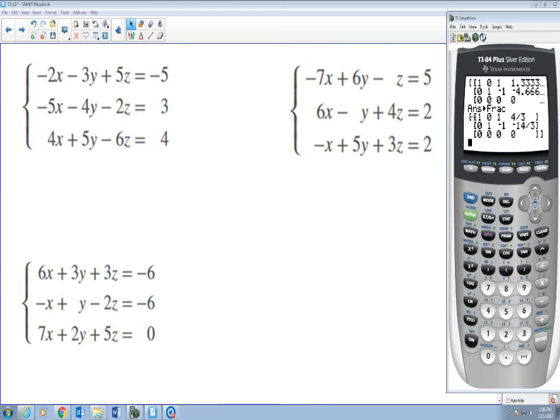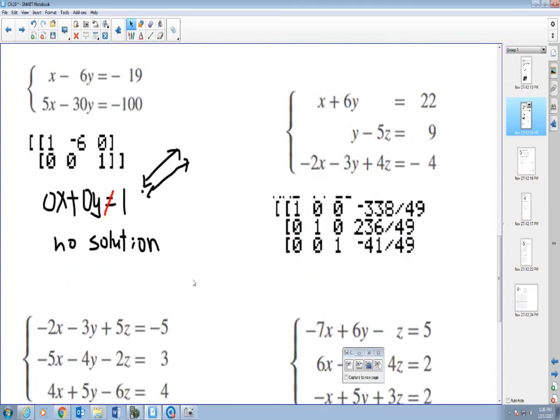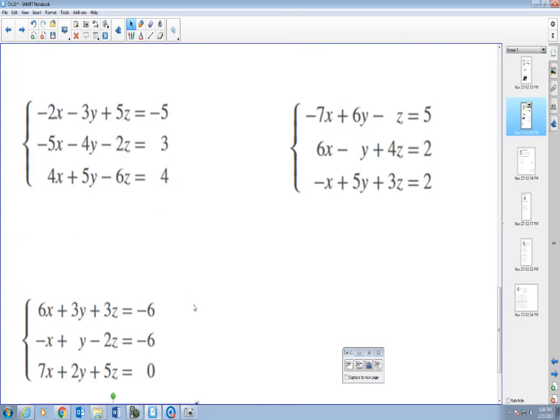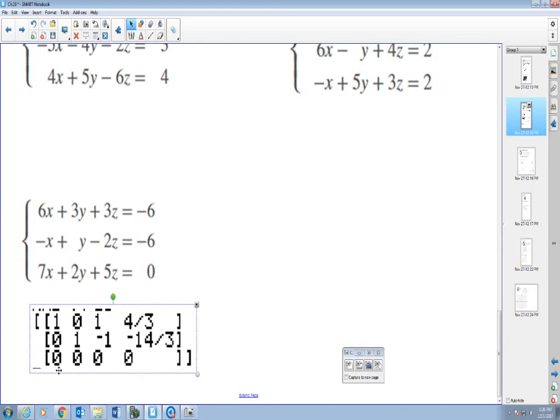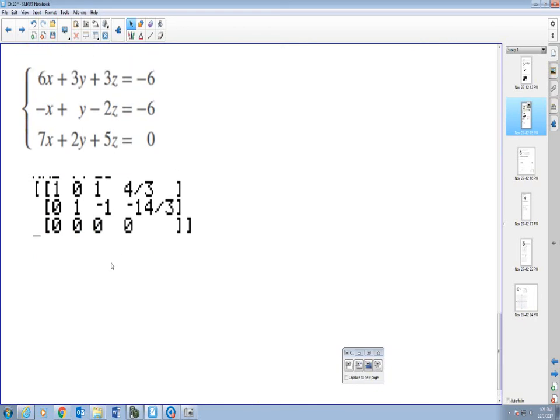So this answer is very strange, because the last row, so the previous one, the last row is 0x plus 0y equal to 1. This one says 0x plus 0y plus 0z is equal to 0. That is true. When the last row is not true, that's no solution. So when this last row is true, that means it's all real numbers. Okay?